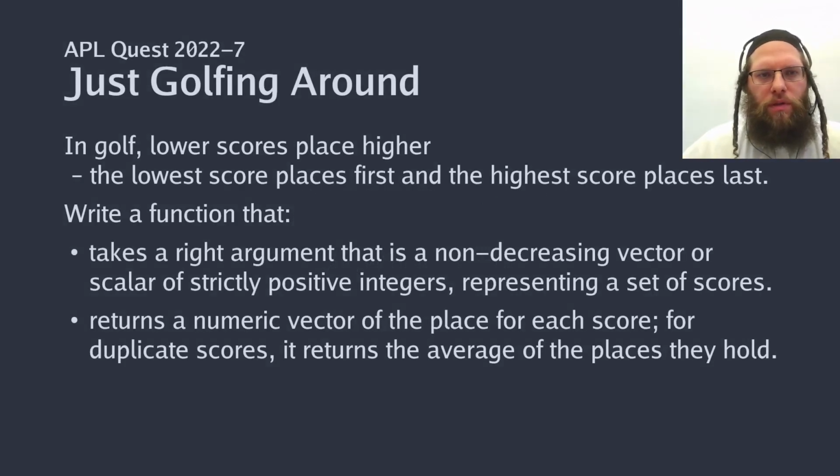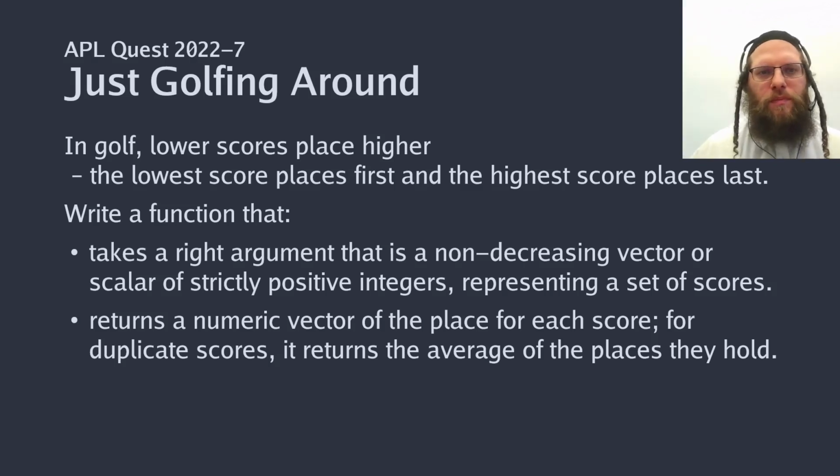We are given the scores from people who have played golf, and then we are to give them a kind of grade, give them a place in the sequence. And in golf, you want to score as low as possible. Now, that's very easy.